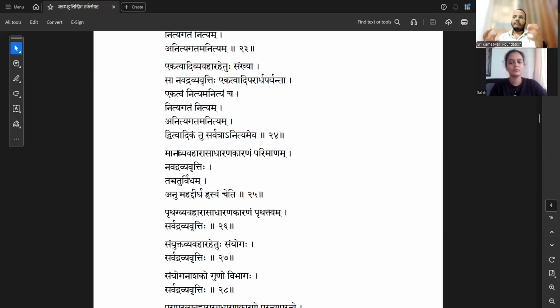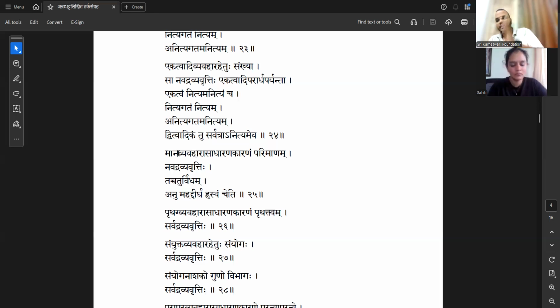Like the color and the shirt: these entities are together, yet the shirt is independent from the color. The color has its own nature of being different from the cloth.